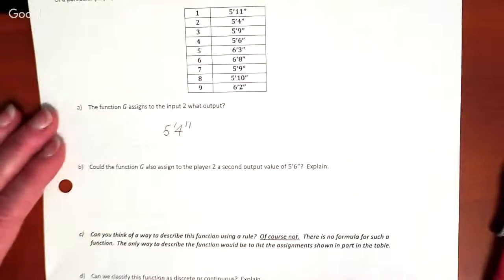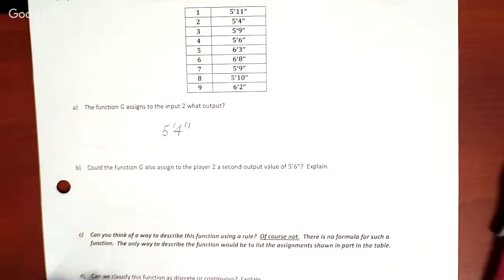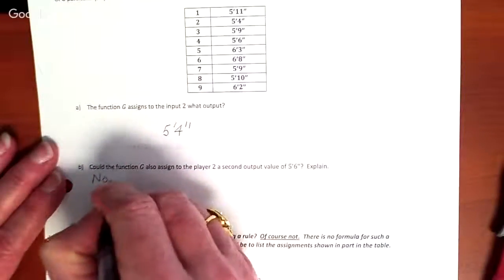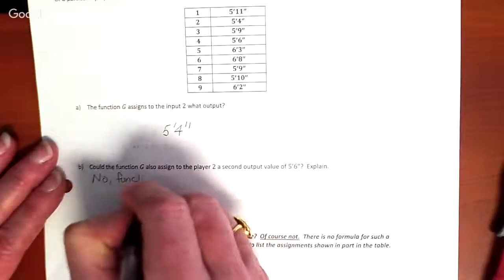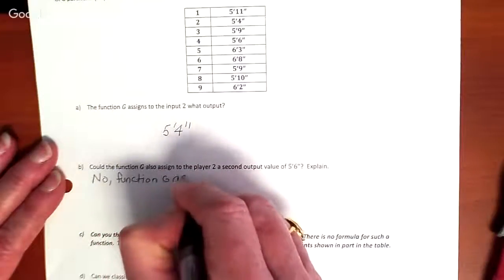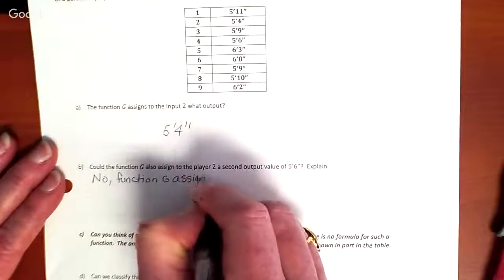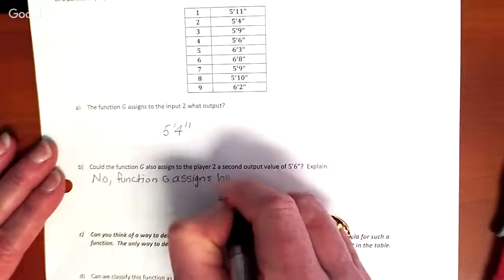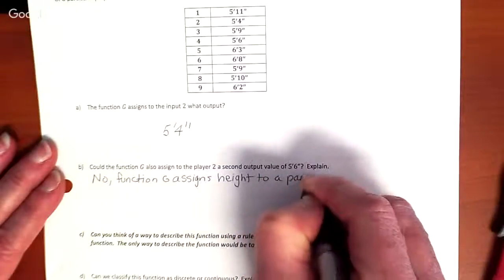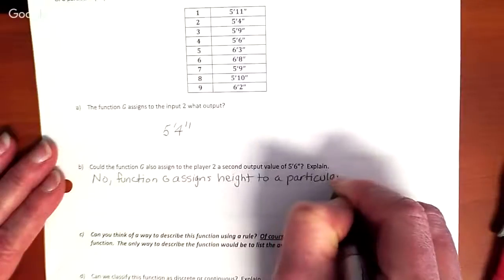Could function g also assign to player 2 the second output of value 5, 6? For example, the answer is no. Function g assigns height to a particular player.